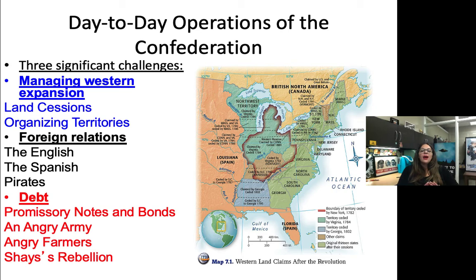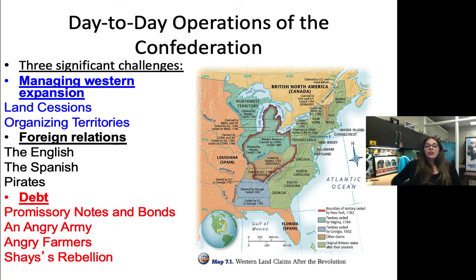Okay. Now, part of what's happening here with the farmers, remember, they are angry. They are owed a lot of money. They were made all of these promises and the government is not delivering on that. So what happens with Shays' Rebellion is you got all of these farmers that are essentially petitioning the courts to stop foreclosures. A foreclosure is when the bank basically comes knocking and they want the house back because you haven't paid.